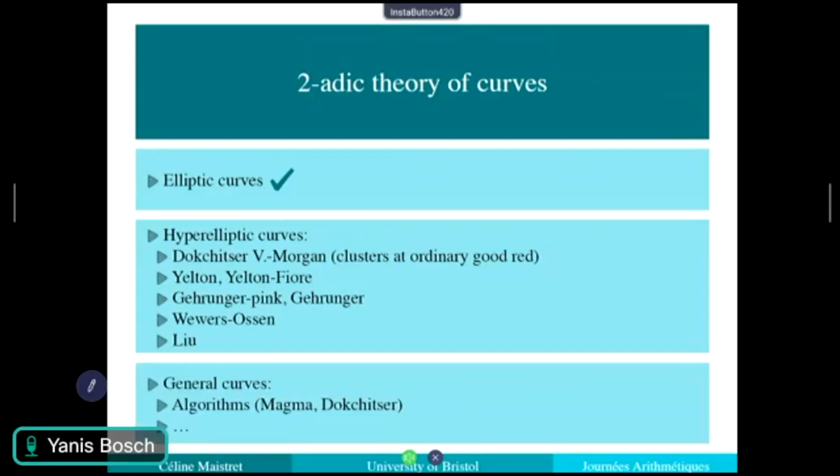General curves, of course, are a bit more difficult, but as I mentioned, we have some algorithms. So Dokchitser's algorithm works in some cases, and also Magma as well. So we have some things to work with, and I hope that it will lead to new work.